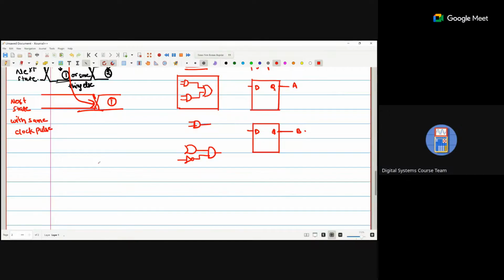So we are using a different combination block, and on the basis of that block, we are getting the output.